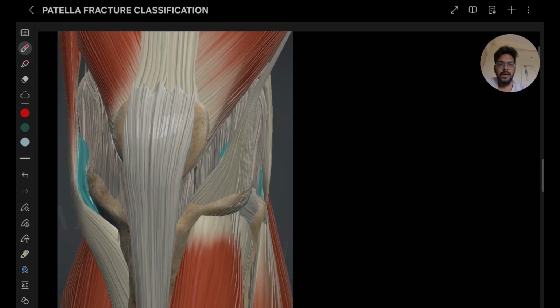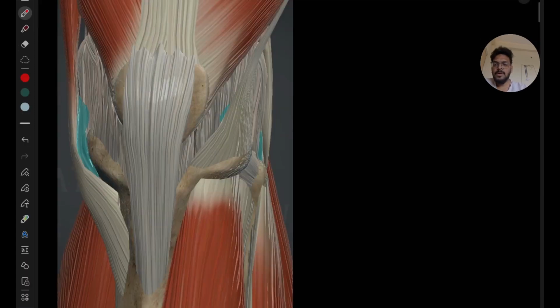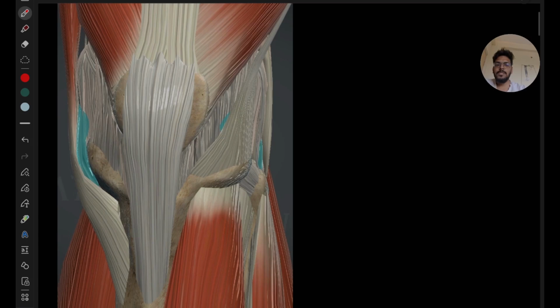Now coming to the anatomical aspects, there are four muscles attached to the patella on the top and one ligament attached to the lower end. Okay, what are the four muscles? That is the quadriceps femoris. In the quadriceps femoris there are four muscles.